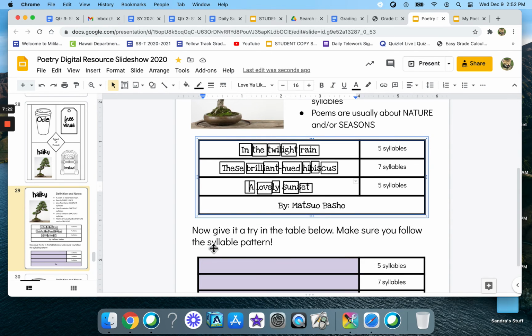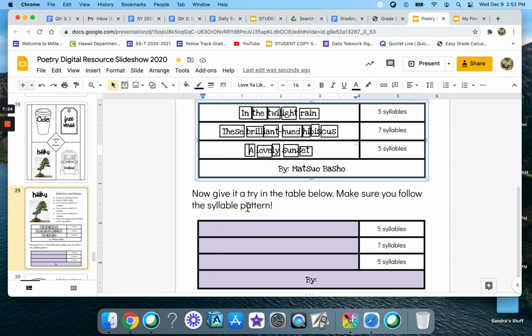So what you are going to now do is try out and come up with your own haiku. Make sure you follow the syllable pattern. Okay? So you're going to fill out these and then perhaps share it with your teacher. Okay, so this is practice.